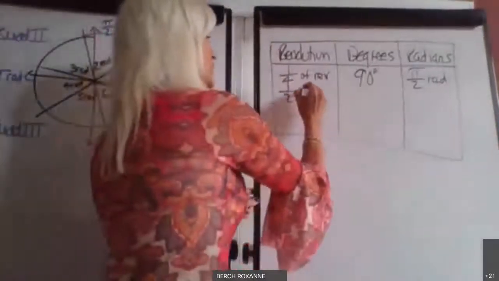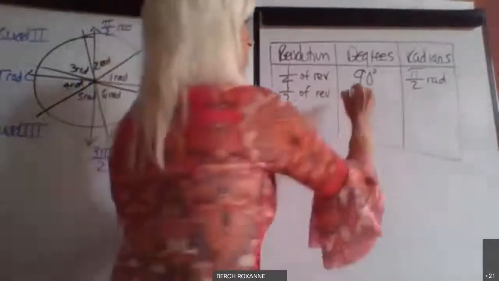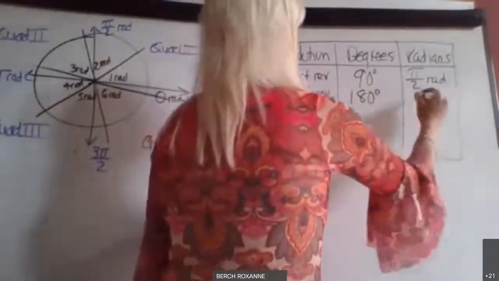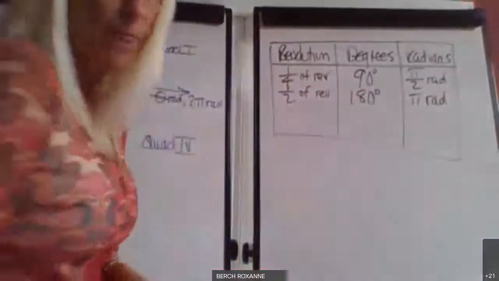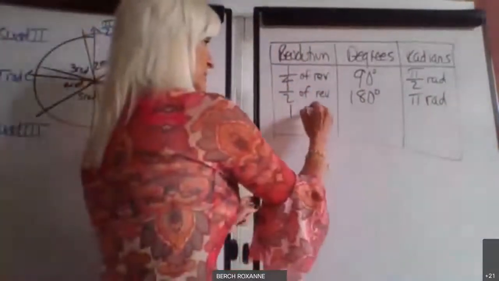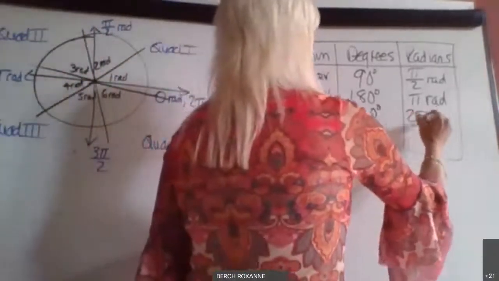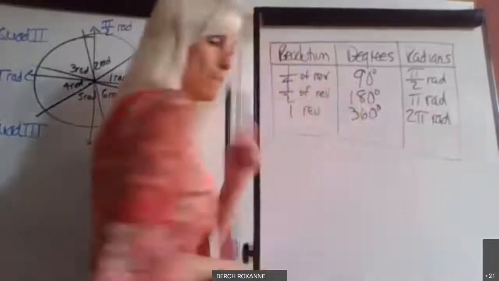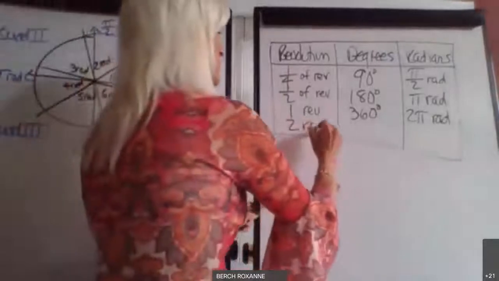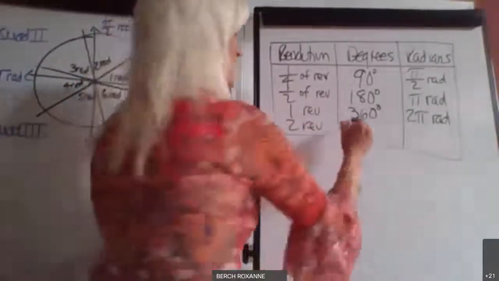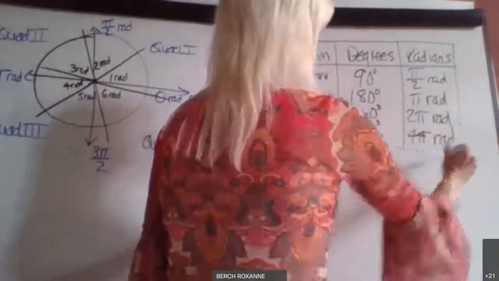A half of a revolution would be 180 degrees, or pi radians. 1 revolution would be 360 degrees, or 2 pi radians. And 2 revolutions would be 720 degrees, or 4 pi radians.